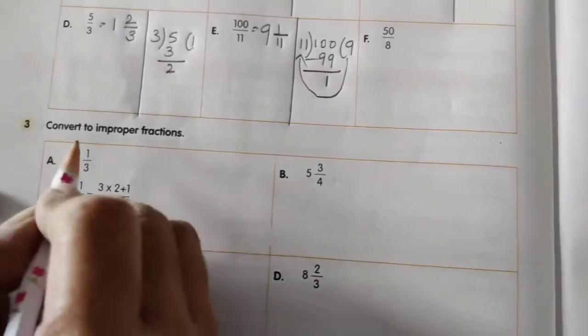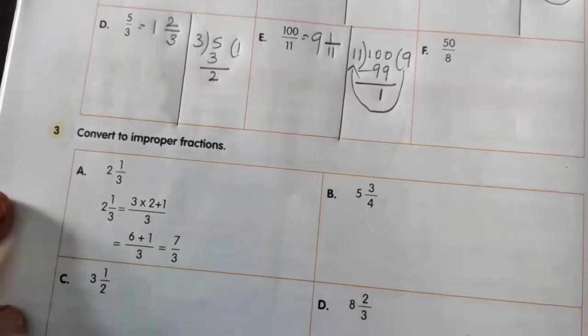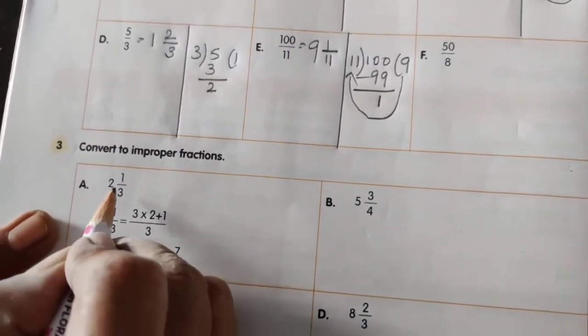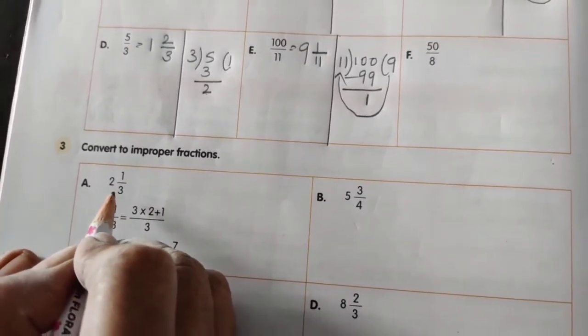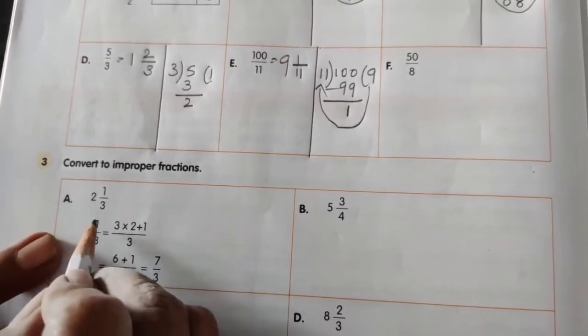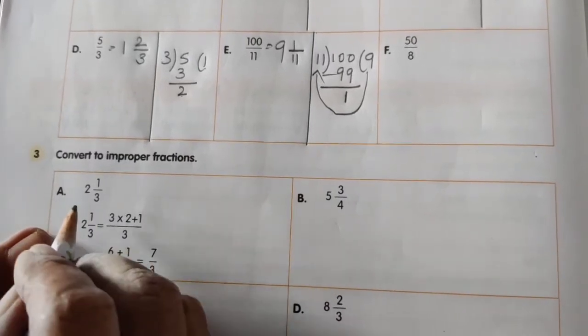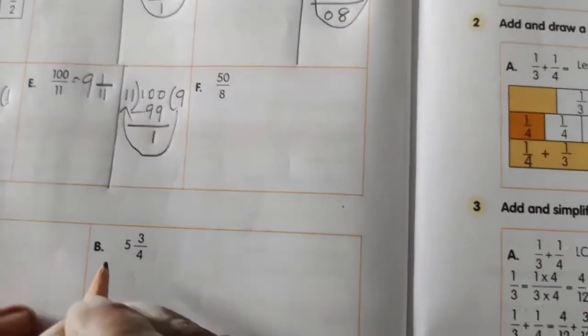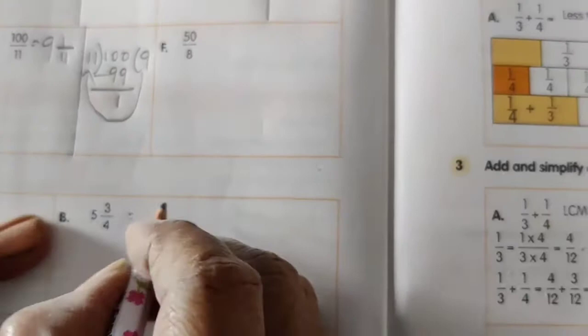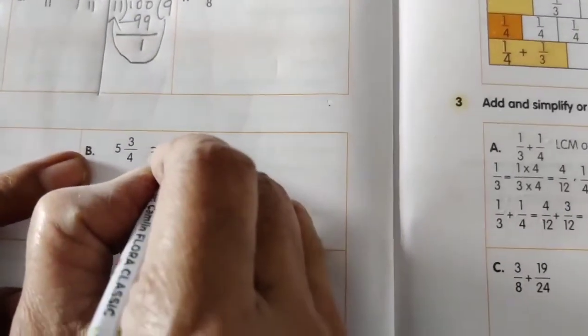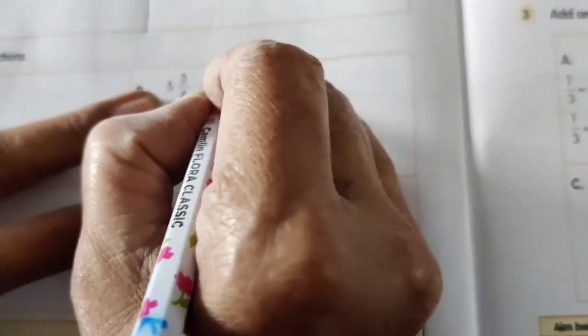Next third bit, convert to improper fraction. Now this is a mixed fraction. We will have to convert it into an improper fraction. This type of sum I will show on board, children. Now B bit, how we will convert into improper fraction? First we will multiply 4 into 5, then plus 3.